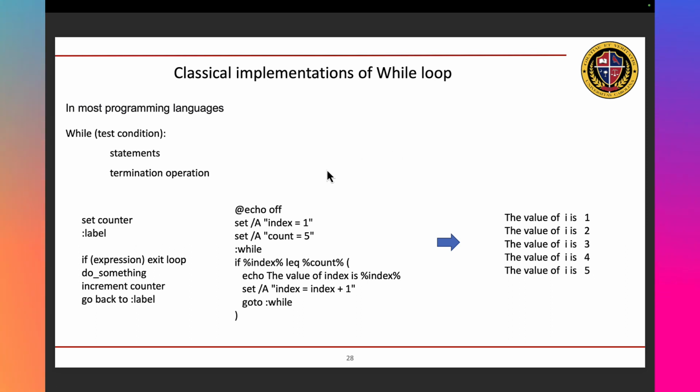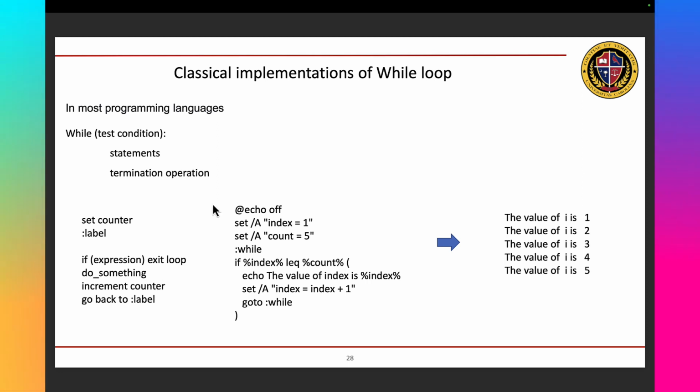First we have a counter, that's the initialization state, where we set a counter to an initial value. Then we have a label that we will go to so that we have a repetition or a loop. We use the if statement to check if the expression or the condition is met. If it is, then we exit the loop. If not, we perform some operations and then have the increment operation or the update operation. Then go back to the label and repeat the entire process again.